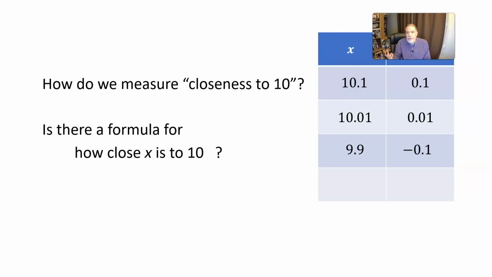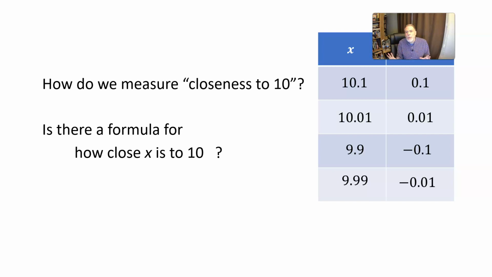Like 9.9 minus 10 is negative 0.1. If x is 9.99, then x minus 10 is negative 0.01. So if we just take x minus 10, then if x is bigger than 10, we get a positive number. If x is smaller than 10, we get a negative number.